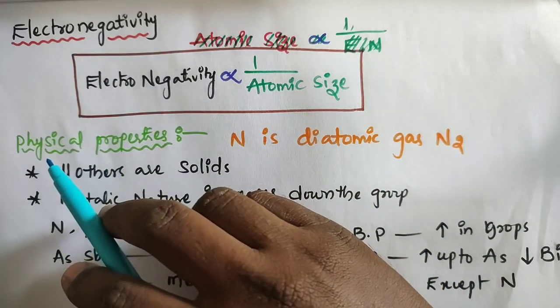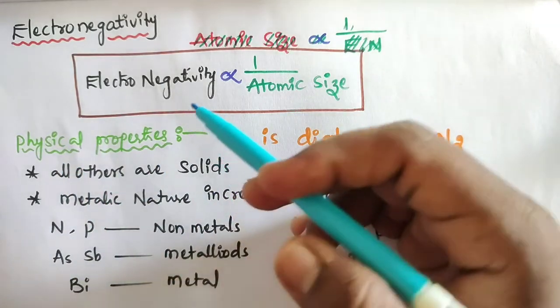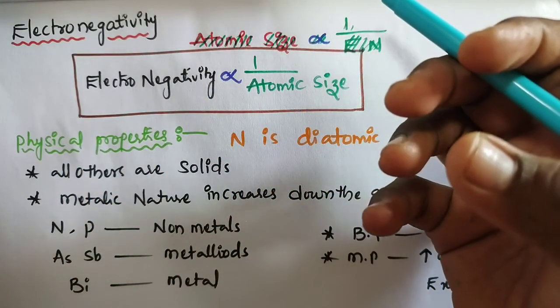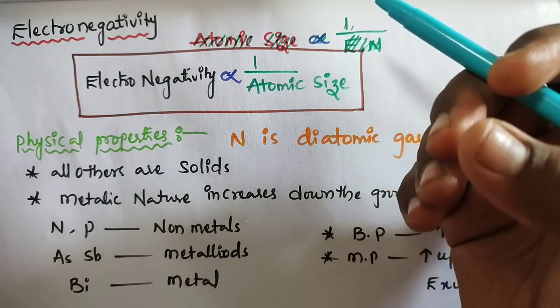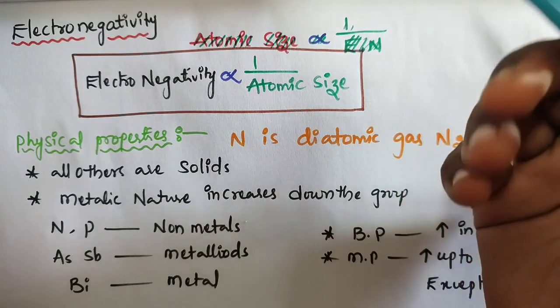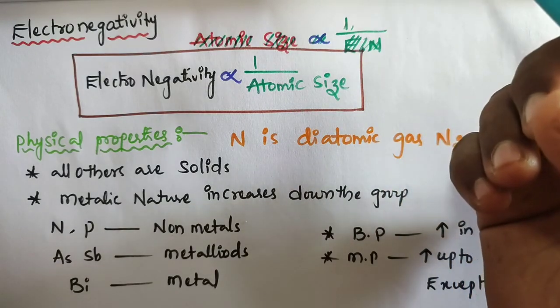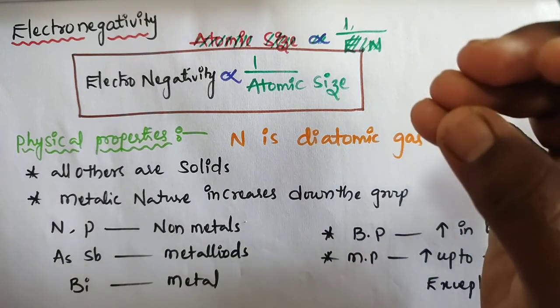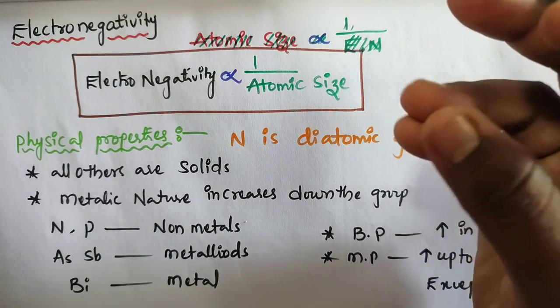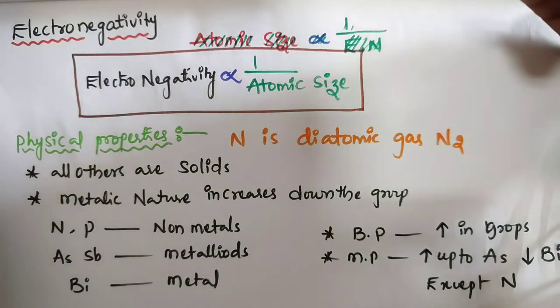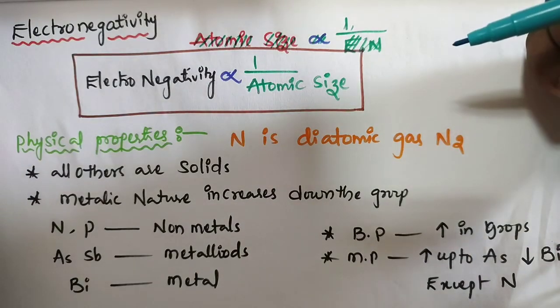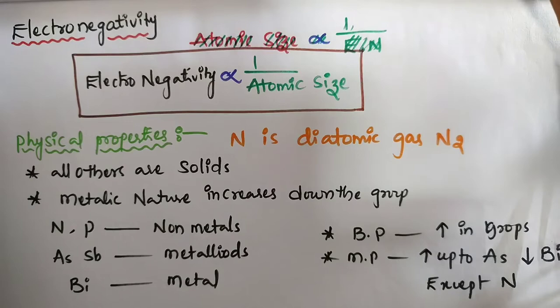Electronegativity means the tendency of attraction towards the nucleus, that is, nuclear attraction. Which one has the small size? High nuclear attraction is there. From top to bottom atomic size increases, nuclear attraction decreases, and electronegativity also decreases.